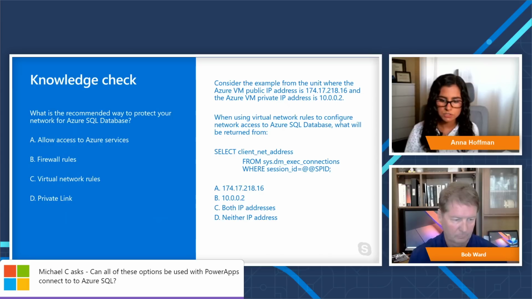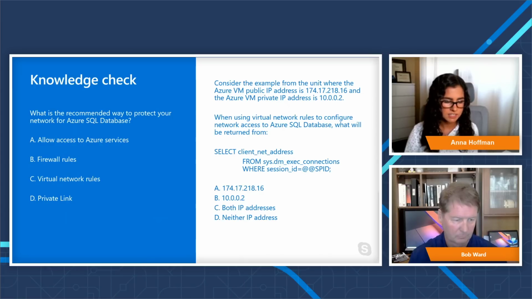Now I'm going to take a look at the chat and see what answers you guys are saying for the questions. So it looks like a lot of D, A, and D, B. Mostly that seems to be what everybody's saying.